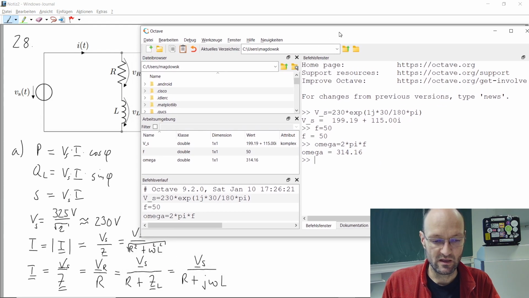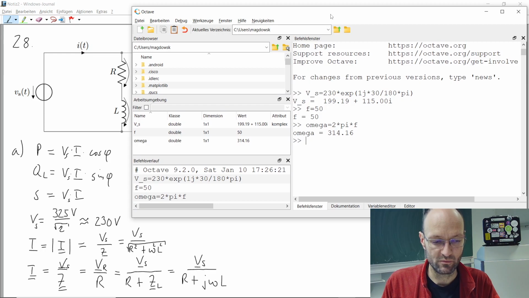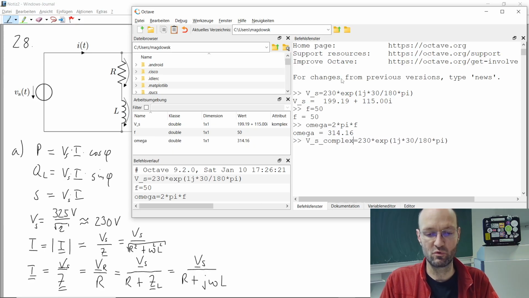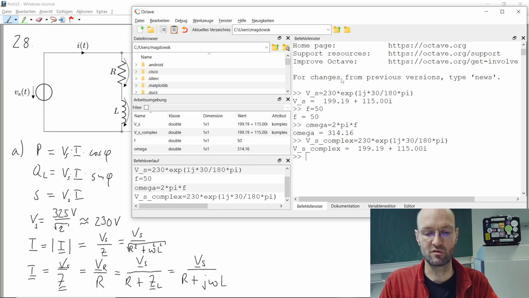And now we can continue with the equations that we have here at the bottom. Maybe I will go back to our source voltage here and really call this complex, so that we can see this is the complex value, and Vs, the RMS value, is just the 230.